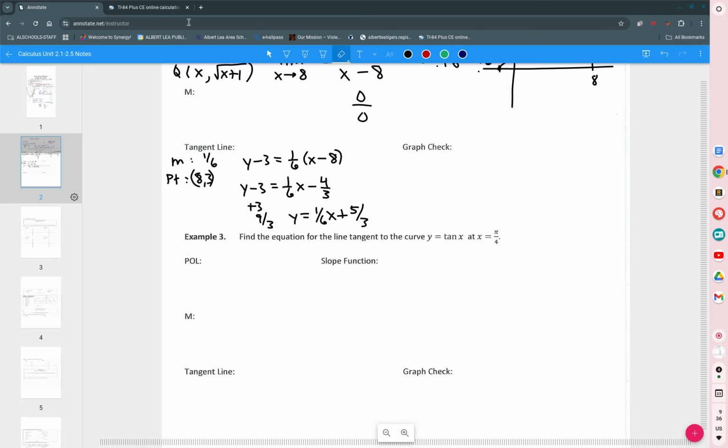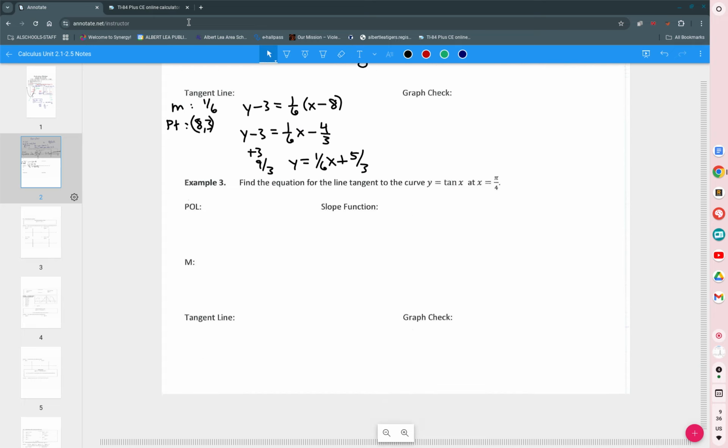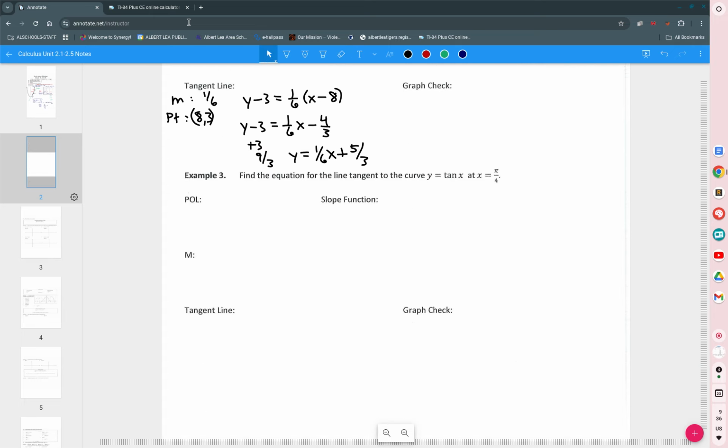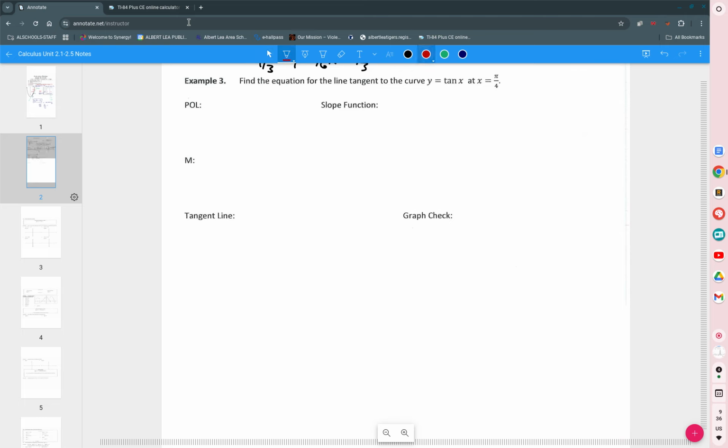Who remembers pi over 4 in degrees? 45. All right, look at that. We learned some things last year. Point on the line. My P, I've got my x value is what? Pi over 4. And then if I plug pi over 4 in, who remembers the tangent of 45, or the tangent of pi over 4?